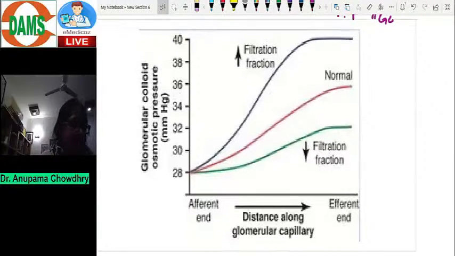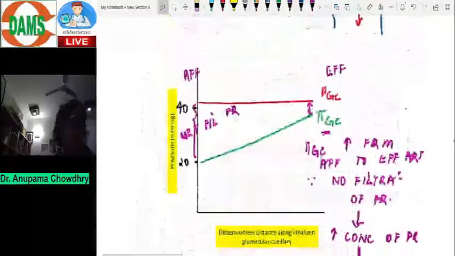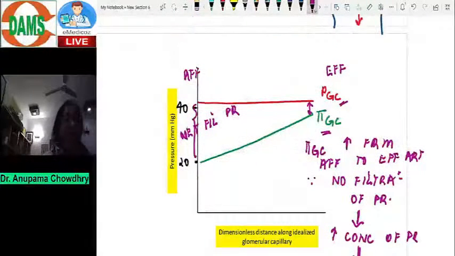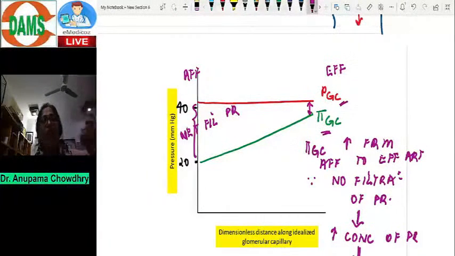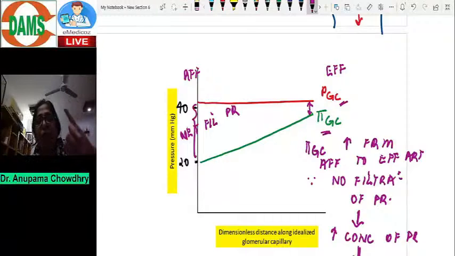I'm trying to show you that the PGC is not going to show you too much of a decrease, mainly because, please remember, this is a dynamic situation. What is PGC? Hydrostatic pressure. This is a pressure due to a column of liquid. Have you understood?